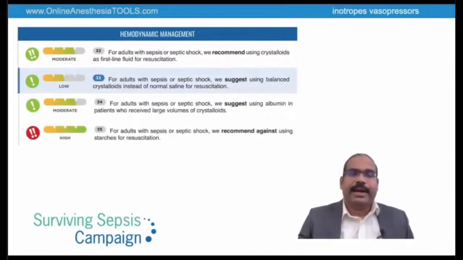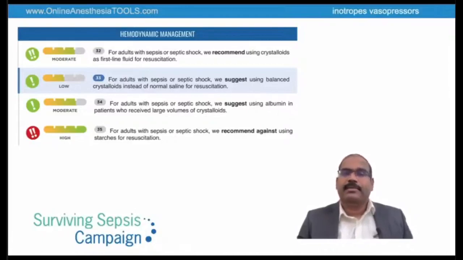For adults with sepsis or septic shock, the guideline recommends using crystalloids as the first line of fluid for resuscitation, and they also suggest using balanced crystalloids as against normal saline. They suggest using albumin in patients who have already received large volumes of crystalloids, and they also recommend against using starches for resuscitation.